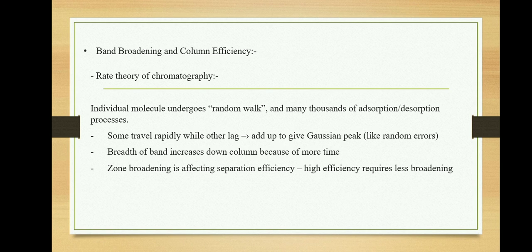If we have a column that has a certain length L, then it will have a certain number of plates, and each of those plates will have a certain height. This plate height can be really small, for example 0.001 centimeter, and the number of plates on the column can be huge. If you want an efficient column, you want a large number of small plates.